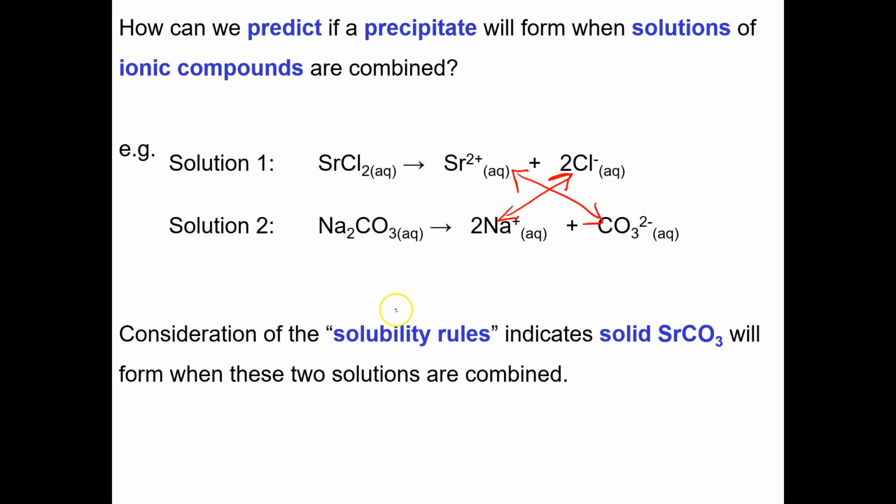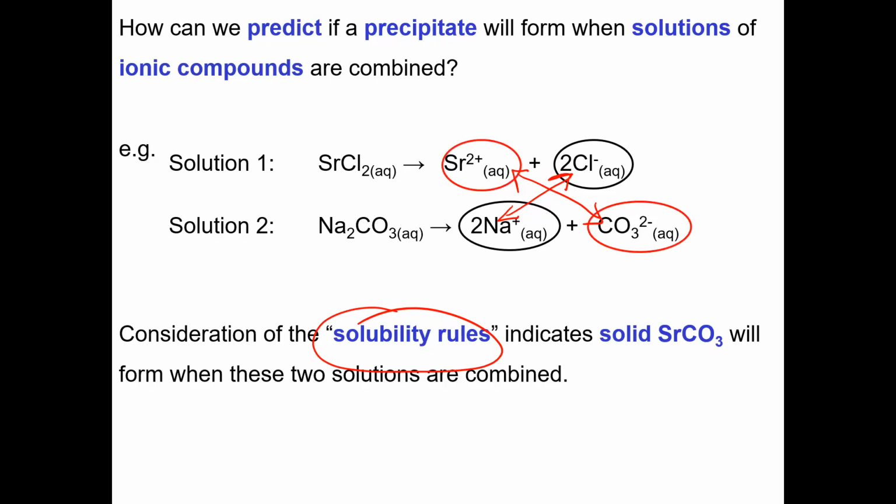So we're going to go look at our solubility rules and do just that. And when we do this, what we recognize is that sodium, when it's combined with chloride, doesn't form a precipitate because sodium chloride is soluble. But when strontium ions are combined with carbonate ions, the resultant product, strontium carbonate, is insoluble, so solid strontium carbonate will form when these two solutions are combined.